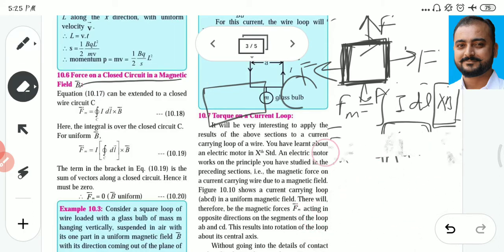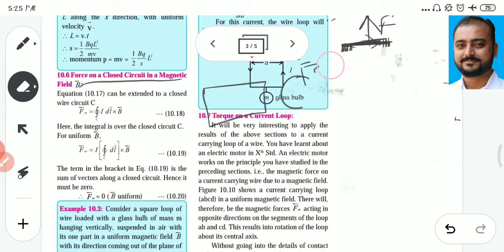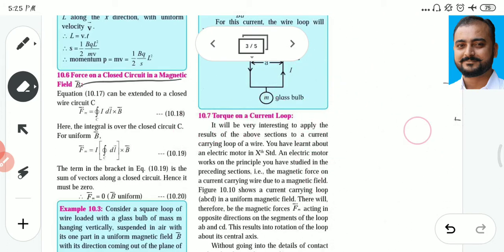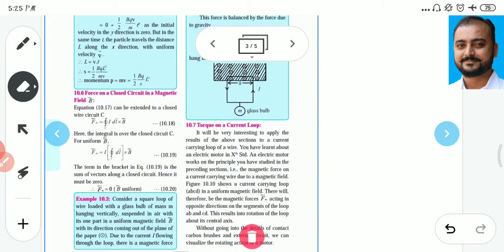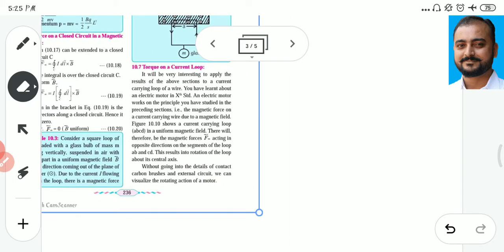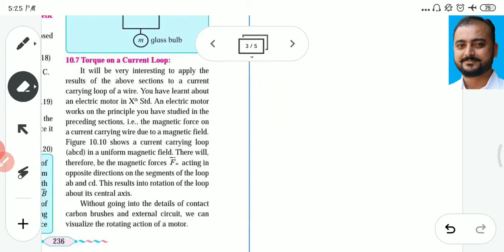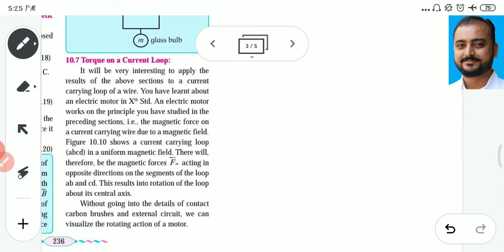Okay friends, now the next and important topic, which may be asked for 3 to 4 marks in the exam, is the torque acting on a current loop. It is section 10.7.